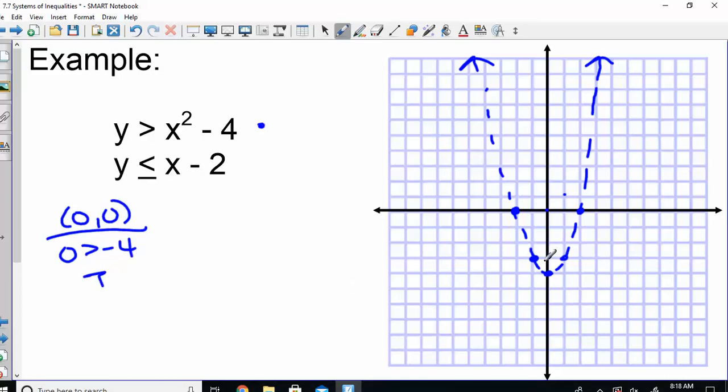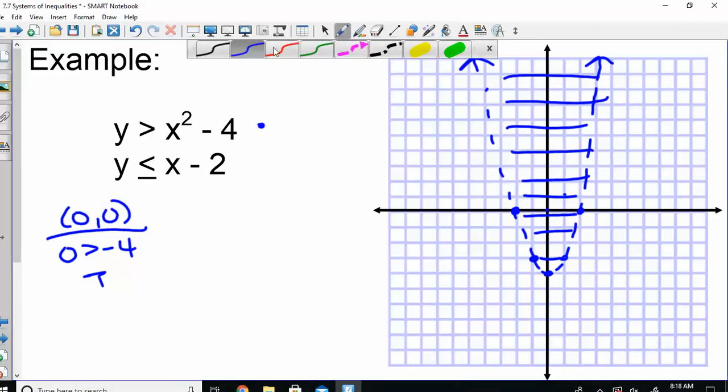True. So 0, 0 works, so we're shading inside this parabola. What's the second one?